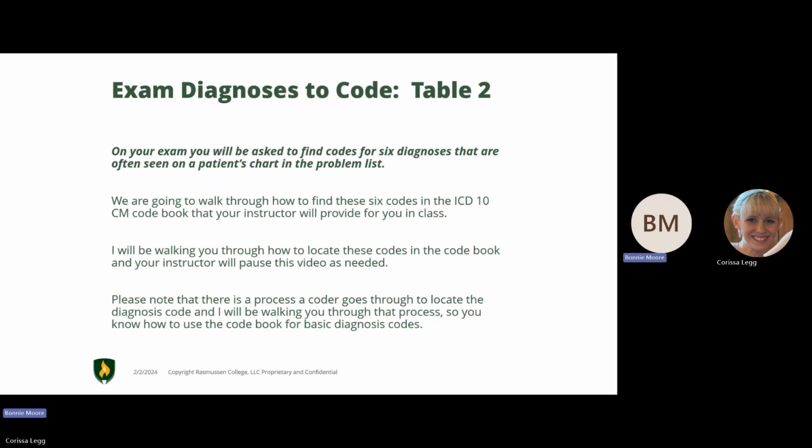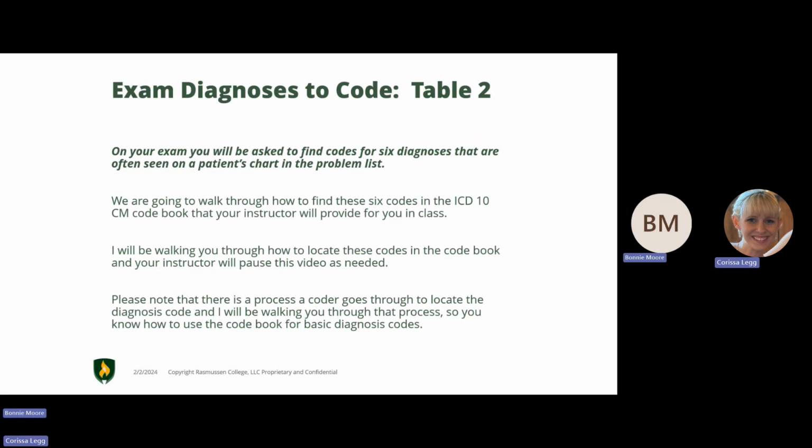So what we're following in this part of the presentation is your table 2, which is your exam diagnosis to code. And so your exam is actually asking you to find these codes. There's 6 of them.